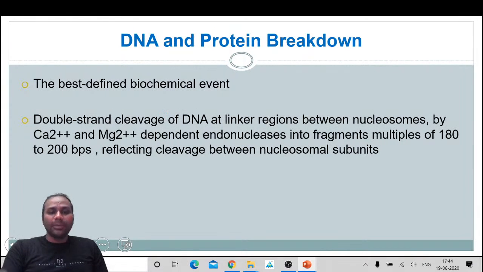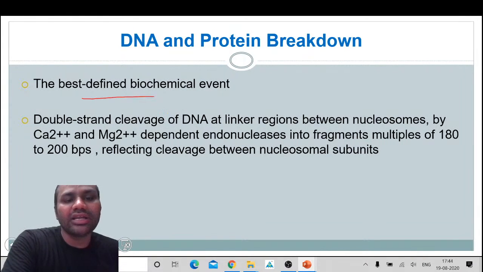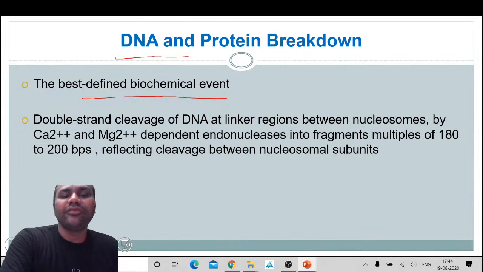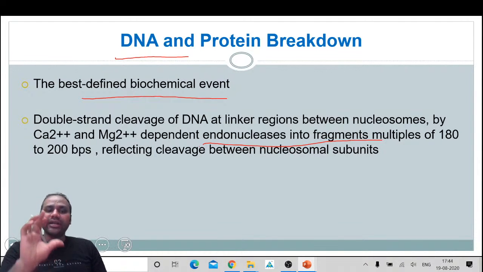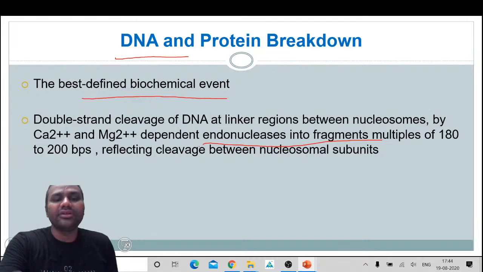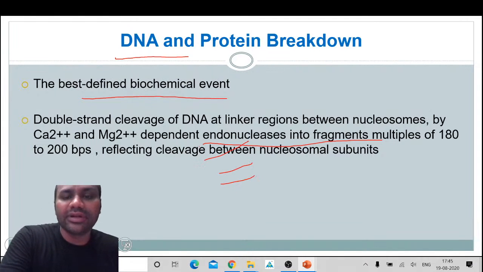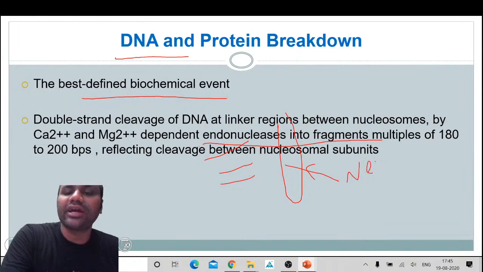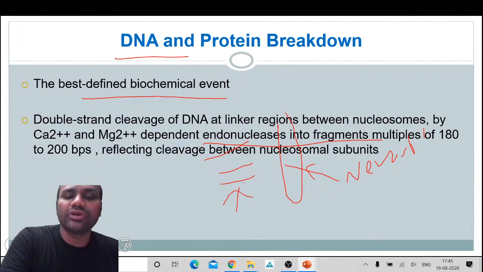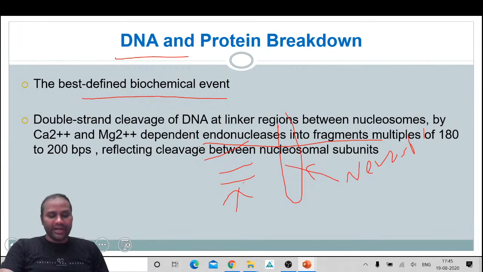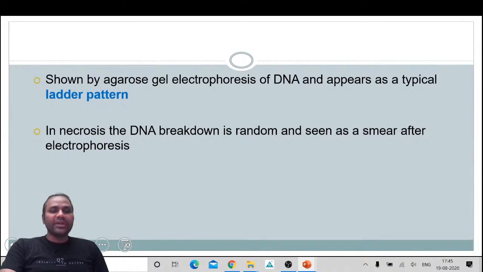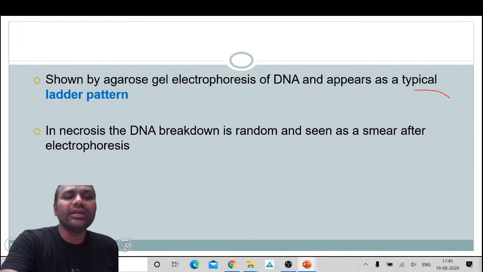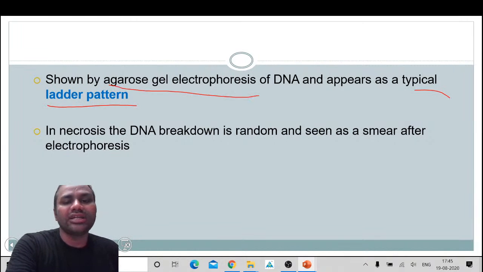Similarly, the best biochemical event which occurs in this is DNA breakdown, or cleavage of DNA. Endonuclease will break it into fragments of 180 to 200 base pairs, and obviously it will show a step ladder pattern, typically shown by agarose gel electrophoresis.